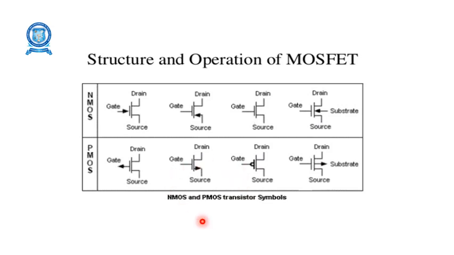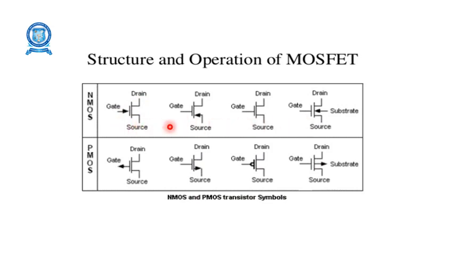Next, we are having the structure and operation of the metal oxide semiconductor. Here we are having NMOS type and PMOS type. NMOS means negative metal oxide semiconductor. PMOS means positive metal oxide semiconductor. Here we are having three terminals: drain, gate and then source.